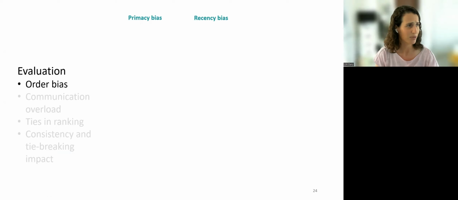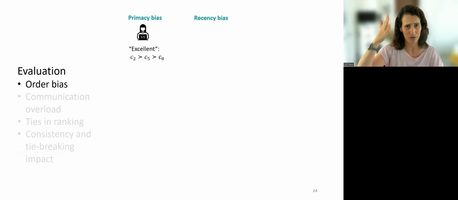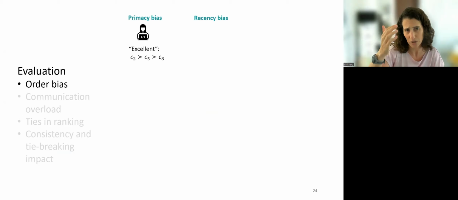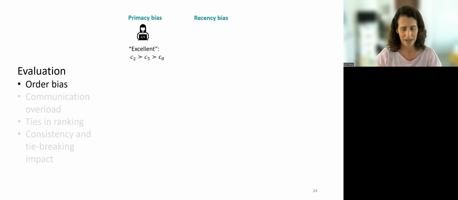So for example, let's say the projects are presented first project 1 called C1, then C2, then C3, then C4, etc., by lexicographical order. So if I detect that every time there is a pairwise comparison query, students say, oh, C2 is better than C5 and C5 is better than C8.